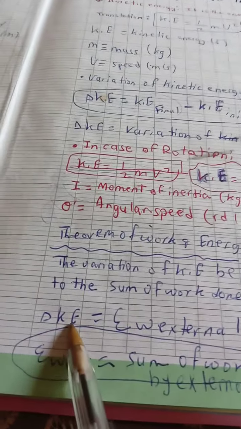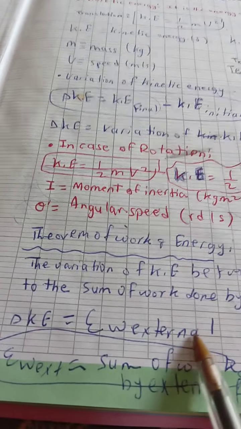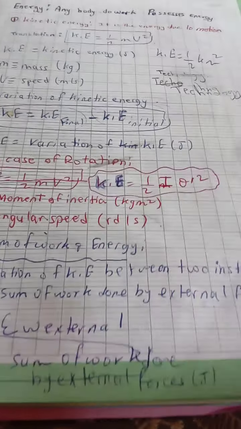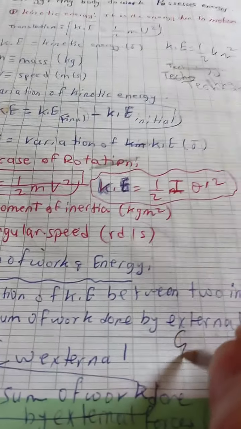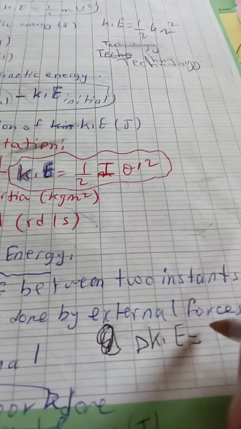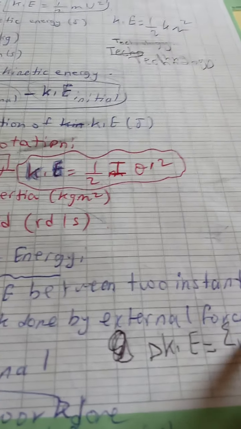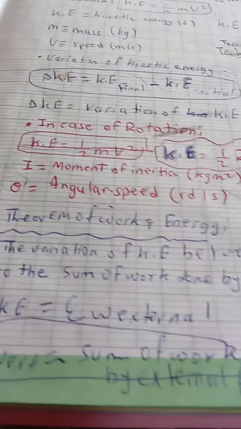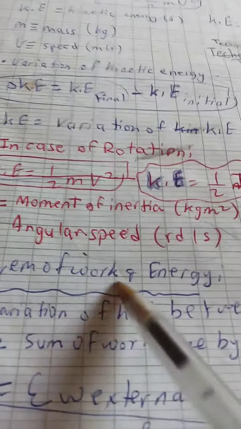Meaning delta of kinetic equals the sum of W of external forces. Here is the theorem of work and energy. We can use this rule.